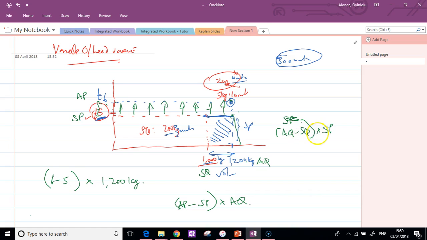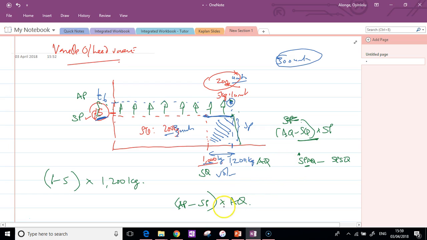Now let me expand this out a little. I've said that this thing right here is our efficiency variance, because we've said actual quantity minus standard quantity. If I expand this out, this is SPAQ minus SPSQ. I don't like using these abbreviations very often, but this is the idea of SPAQ minus SPSQ.